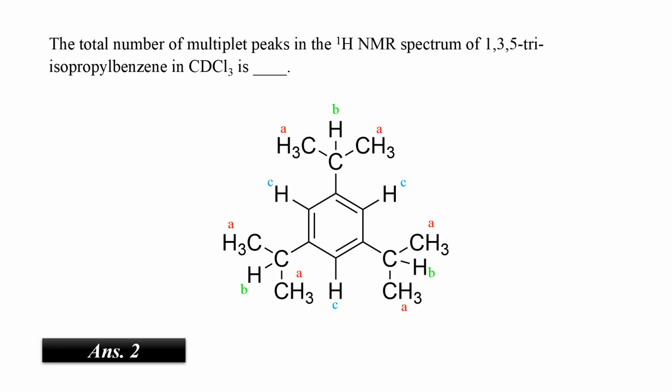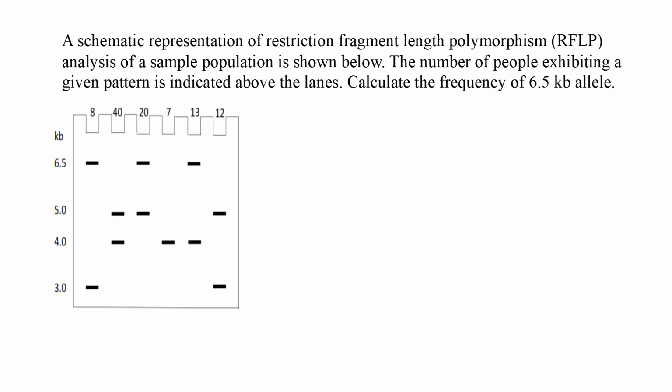Moving on to the next question. A schematic representation of restriction fragment length polymorphism, or RFLP analysis, of a sample population is shown below. The number of people exhibiting a given pattern is indicated above the lanes. Calculate the frequency of 6.5 kb allele.